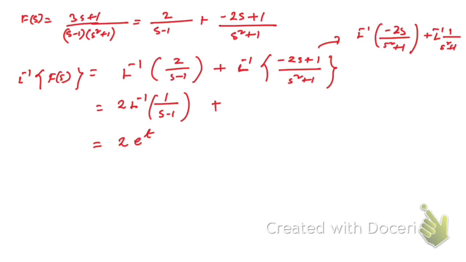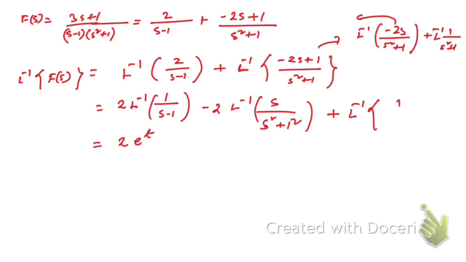Right, so this minus 2 can be taken out, so then we're going to have minus 2 inverse Laplace transformation of s by s square plus 1, where s square plus 1 can be considered as s square plus 1 square, then plus inverse Laplace transformation of 1 by s square plus 1 square. That's what we will have.